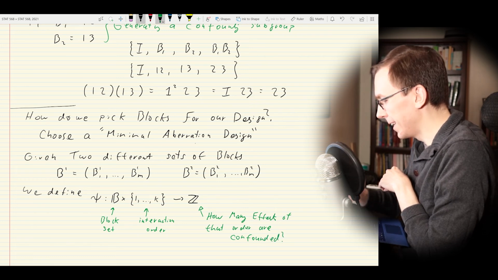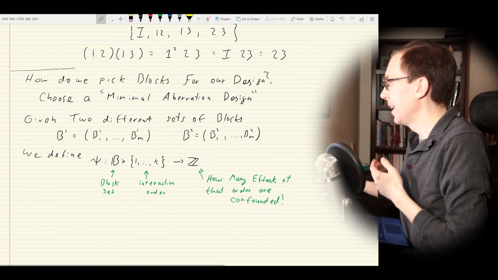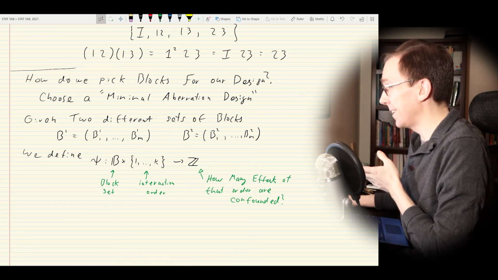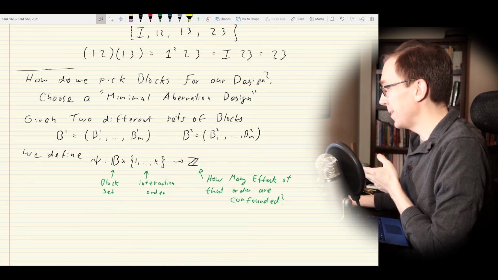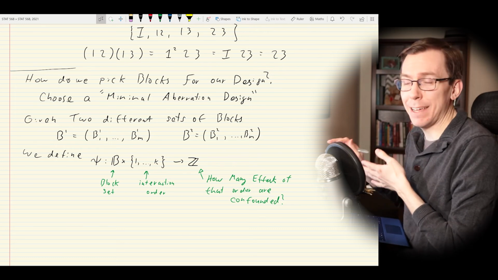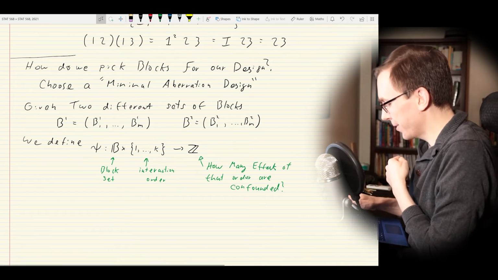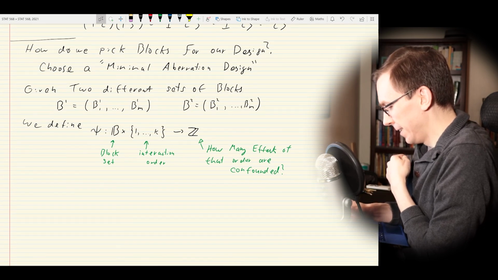That's what it's going to tell us. It's just an abstract function. But the reason we write it down is that we can define mathematically a minimal aberration design.